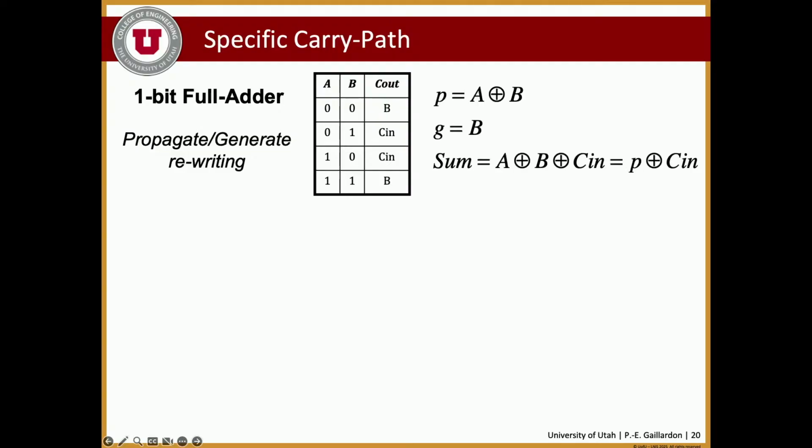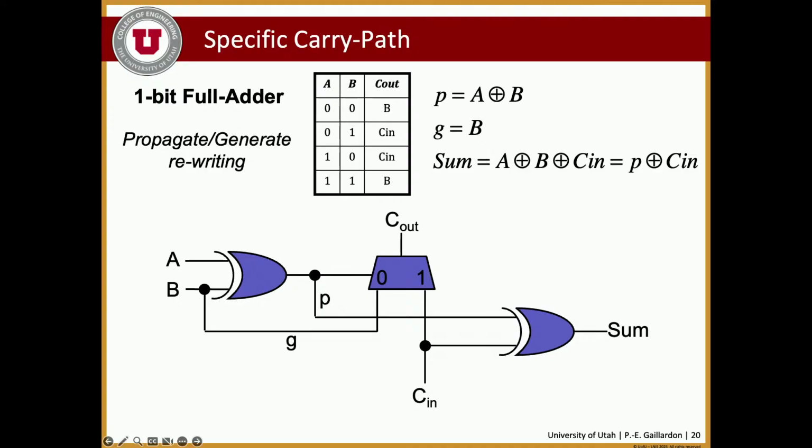And so the specific carry path is based on a propagate-generate rewriting of the full adder, where your sum depends on the propagate function that you can get. This is a typical full adder based on that principle. So you're going to calculate the propagate signal. Then here you can decide with a mux if Cin should go through or not, and then you calculate the rest of your sum.